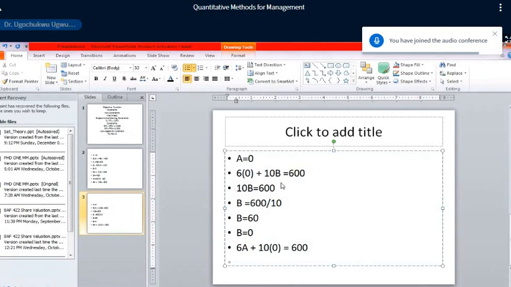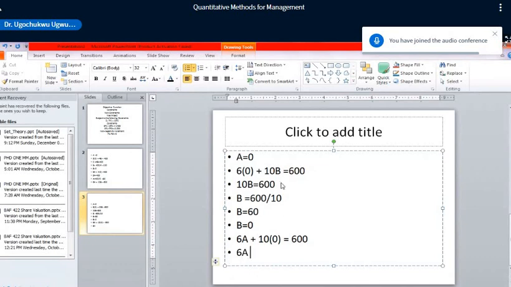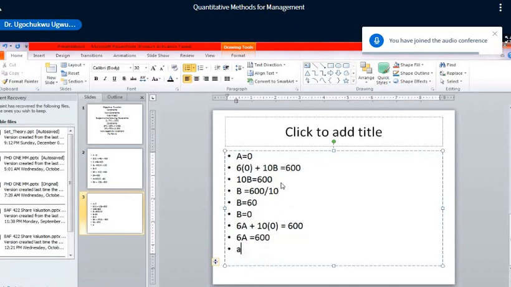And 6A will be equal to 600. So that A will be equal to 600 divided by 6, which will be equal to 100.